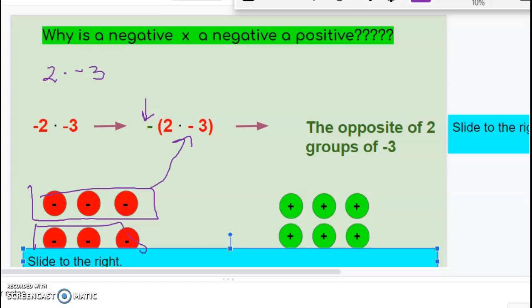That is this part. Now we're going to take the opposite of that. So we're just going to flip them over. Flip, and look what we end up with. This is where we flip them because it says the opposite. And we end up with a positive 6. Okay? Now again, this is not something that you have to do a lot, but so you can visualize it. And we'll do another example that I think will help.